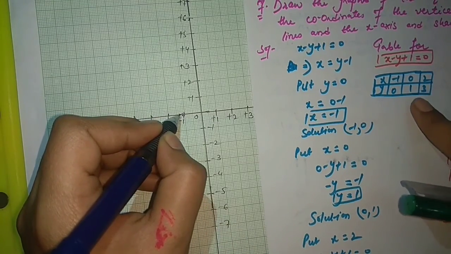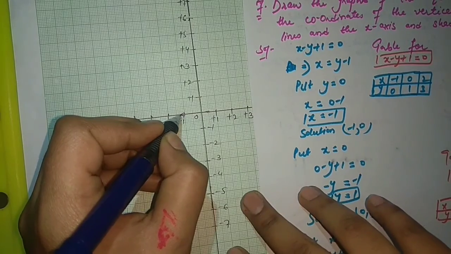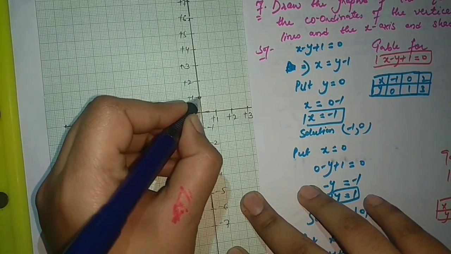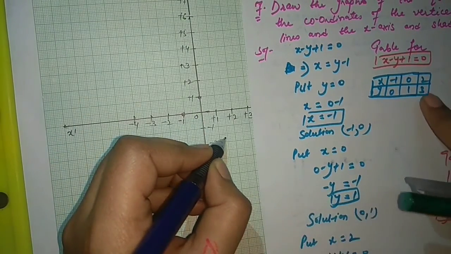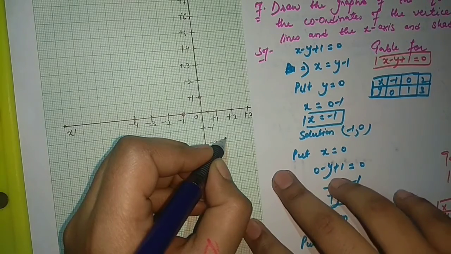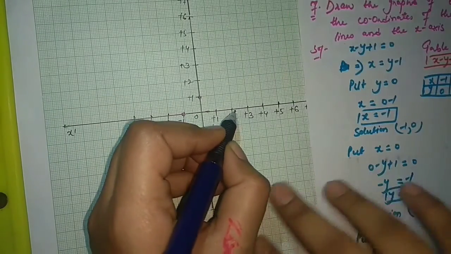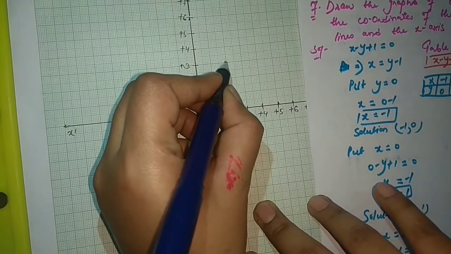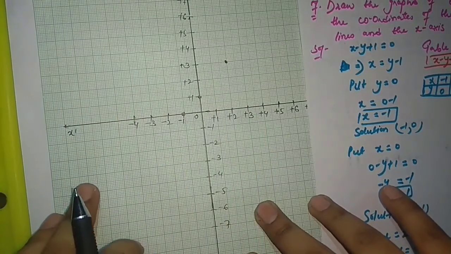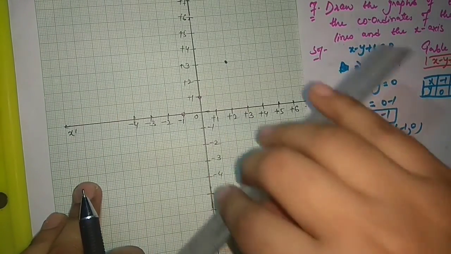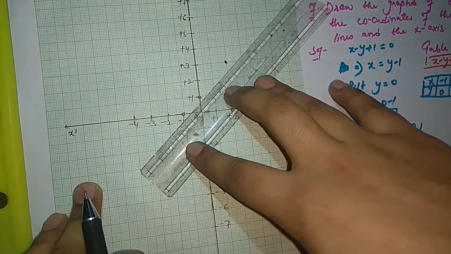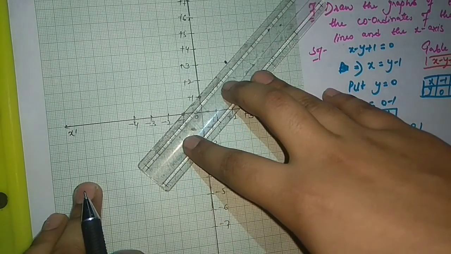Next is 0 comma 1. 0 comma 1 means here, and next is 2 comma 3. So 2 comma 3 means here we have our next point. So these are the 3 points, and 3 points are sufficient to draw a line.